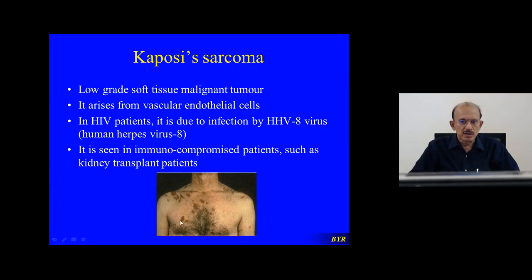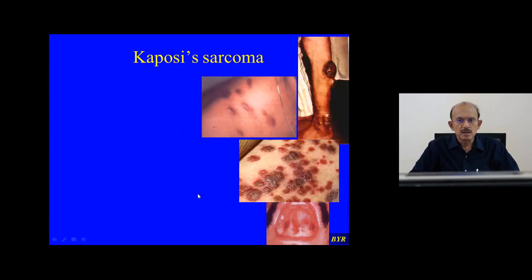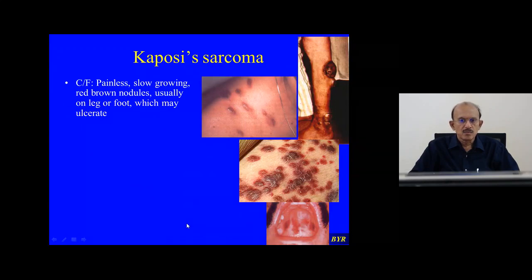These are all the lesions you can see. They will be reddish or brownish pigmented patches in the skin. That is Kaposi's sarcoma. Painless, slow-growing reddish-brown nodules, usually on the leg or foot, which may ulcerate. In 10% of the cases, mucosa of the GIT may be involved.